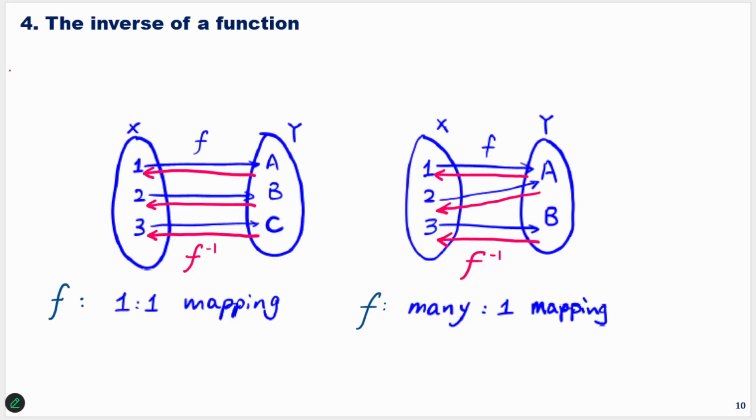So we could say, note that f inverse is a 1-to-1 mapping in the first case, but in the second case, it's a 1-to-many mapping.